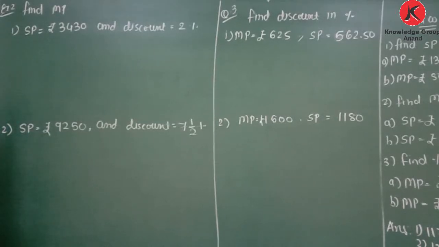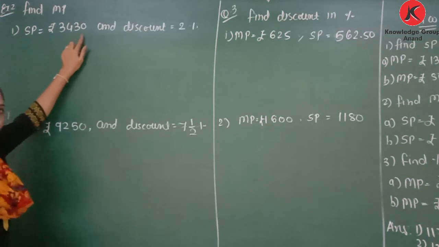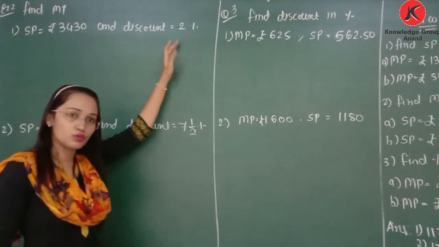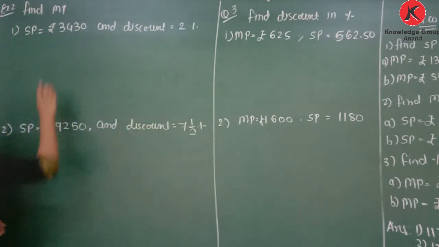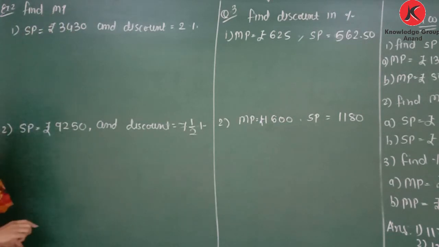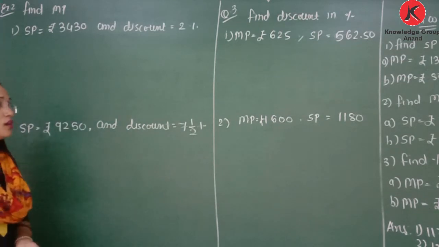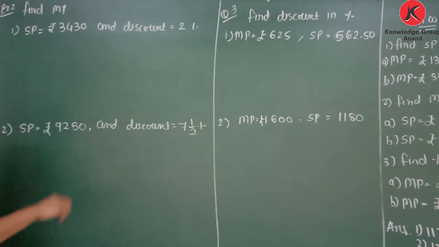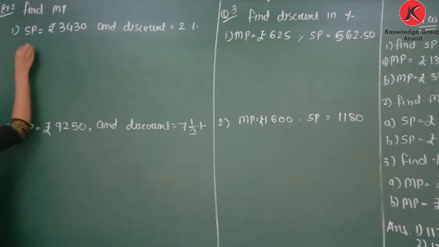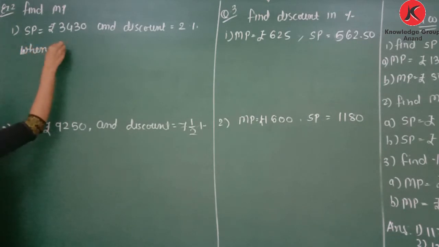Now let's take some more examples for discount. Here, find the mark price when selling price is rupees 3,430 and discount is 2%. Here selling price is given, you need to find the mark price. I already explained that whenever mark price is not given, you need to use the method by using 100. So we can start when mark price is 100.